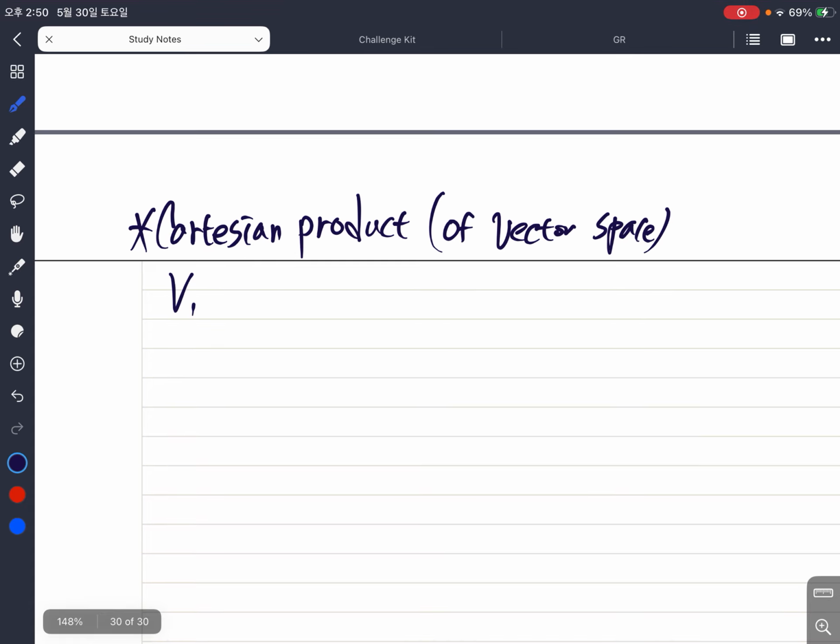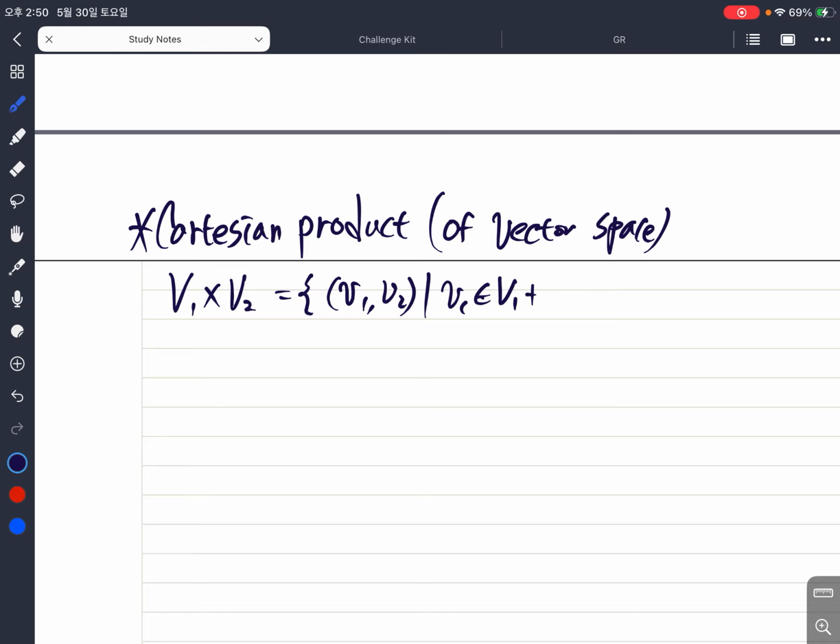For example, V1 times V2 is the set of ordered pairs (v1, v2) with v1 in V1 and v2 in V2. So we choose one element from each and make an ordered pair. That is the definition of the Cartesian product.